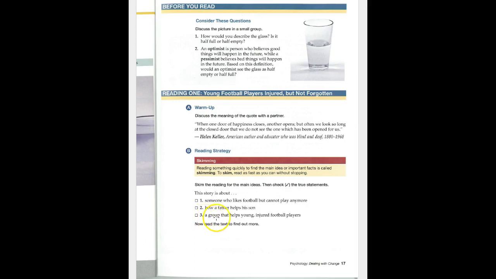And 3, a group that helps young injured football players. Okay, so you may need to go back and look for more information, but you should have a basic idea of what the text is about. Complete these questions in your book.